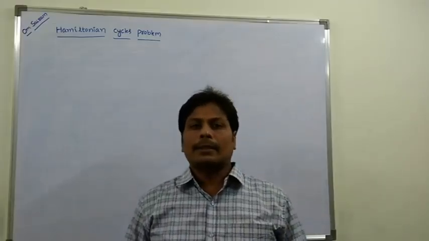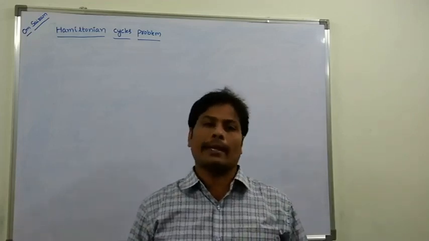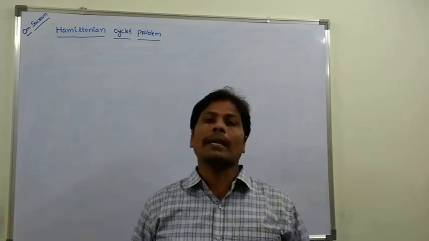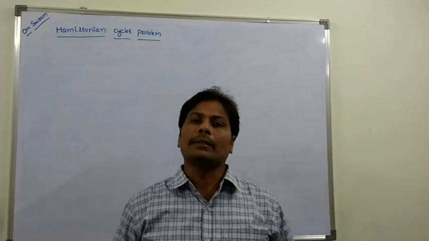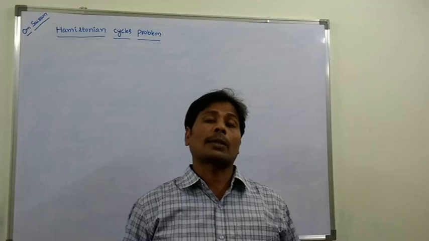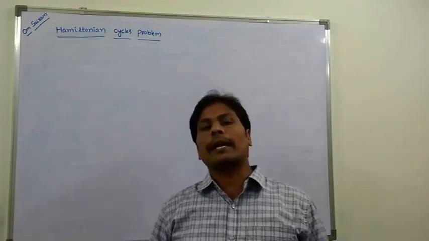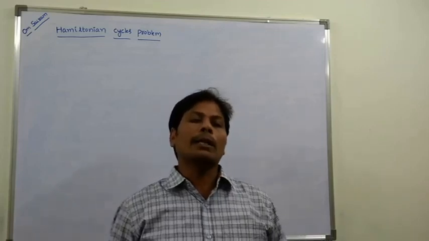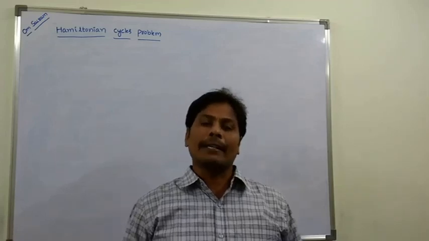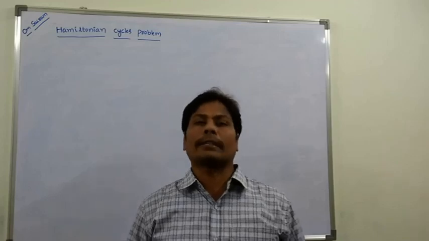Hi friends, today I am giving a lecture on Hamiltonian cycles. Hamiltonian cycle is one of the applications of backtracking. A Hamiltonian cycle is a round trip path starting from the starting vertex, visiting all the vertices in the graph exactly once, and returning to the starting vertex.